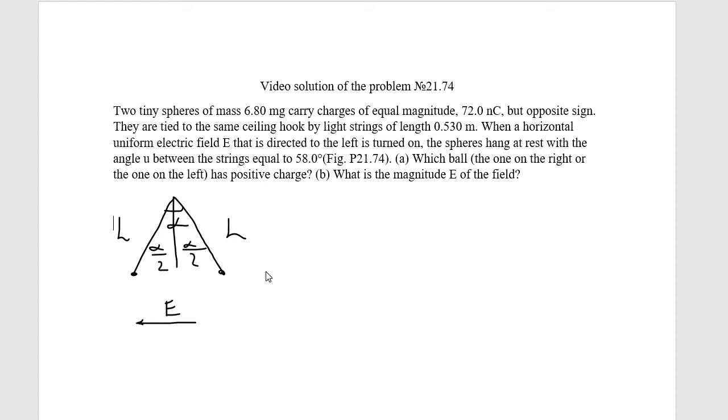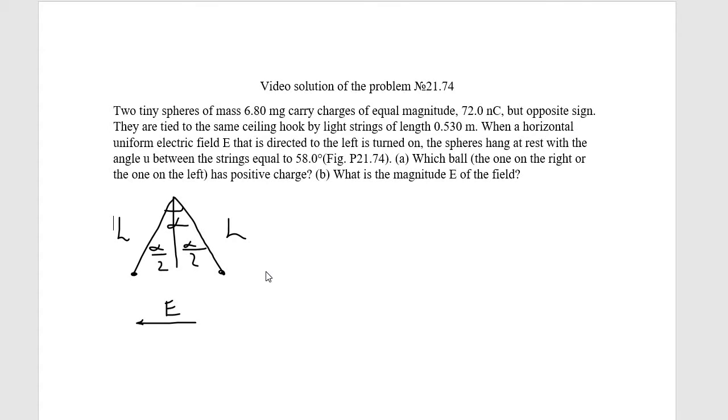Plus, as I said before, the electric field is directed to the left, plus we have the gravitational force and tension that bring both spheres to the original position, while the electric force, the direction of which is to the right side, pushes those charges apart from each other.